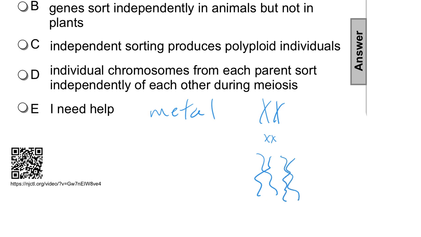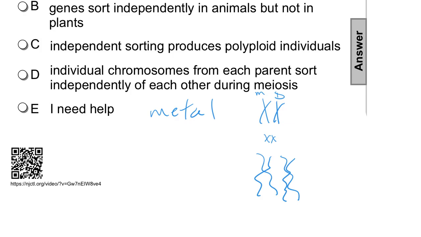Let's say this is your germ cell this is happening in. This chromosome you got from your mom's egg when you were a zygote, and this you got from your dad's sperm.